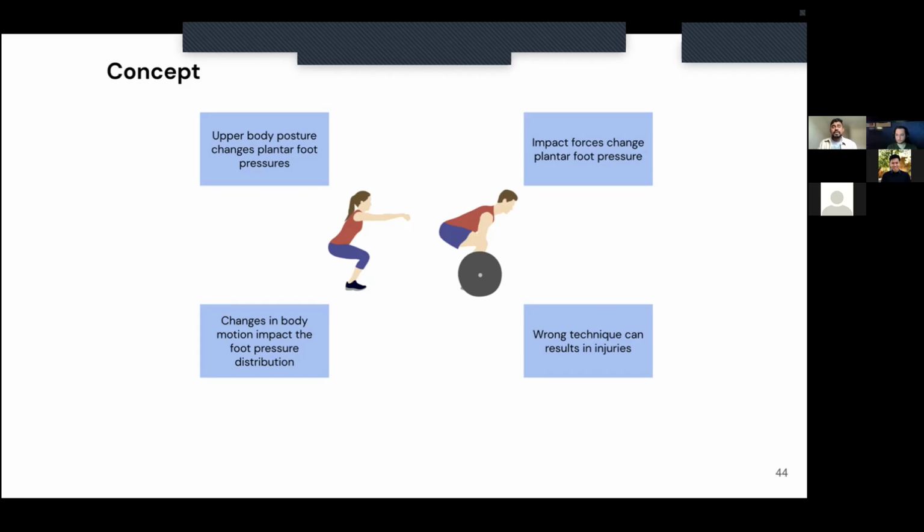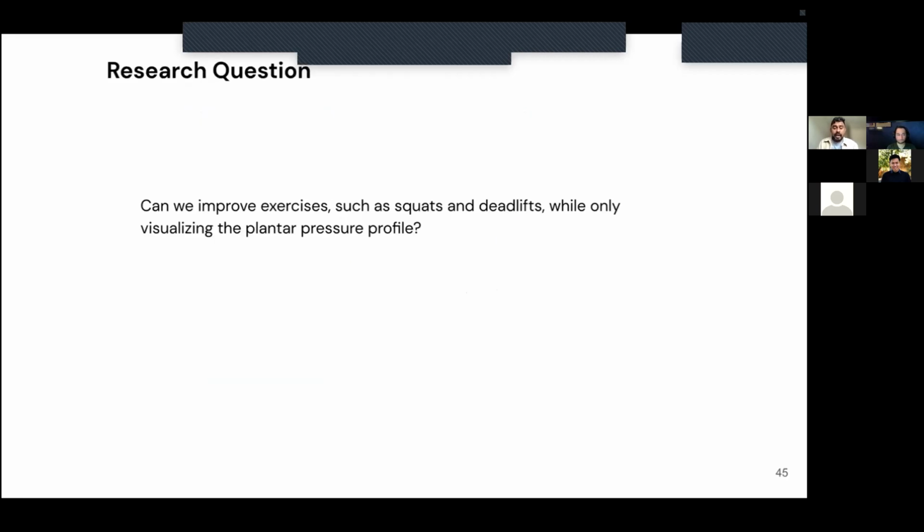If we have an incorrect body posture when we perform these exercises, that also should be reflected in this pressure profile. So we use this simple idea to develop this GymSoles interface, where we can identify the pressure changes, and we can provide feedback about these pressure changes.